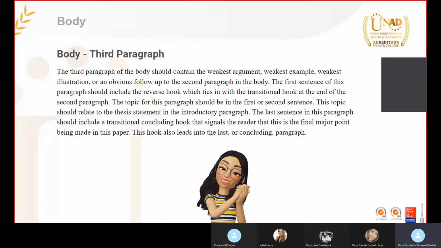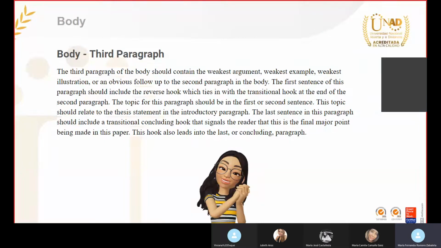At the end of this paragraph, it's not so important to include a transitional hook. It's useful, because it will help you to start the conclusion paragraph, but it is not so important because once we enter into the conclusion, we are going to summarize the whole text.